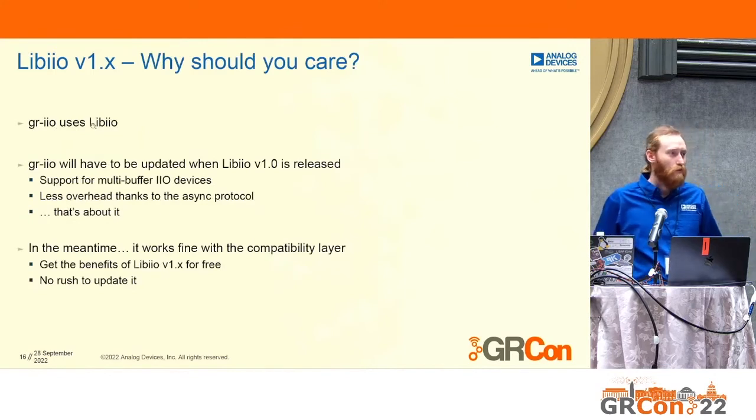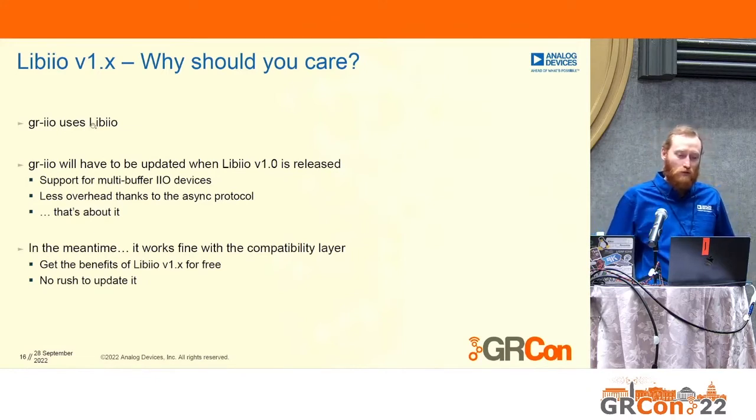All my talk was about Libiio version 1, but why should you care? Well, the whole stack below GRIIO, if you use GRIIO, is Libiio, be it on the GNU Radio side to talk to the board, and also on the board in the firmware. So GRIIO will have to be updated when Libiio version 1 is released to add support for the new shiny stuff like multi-buffer I/O devices, to reduce the overhead thanks to the asynchronous protocol.